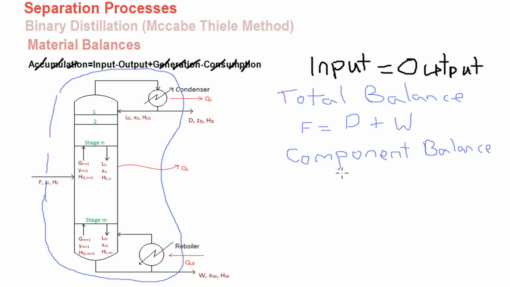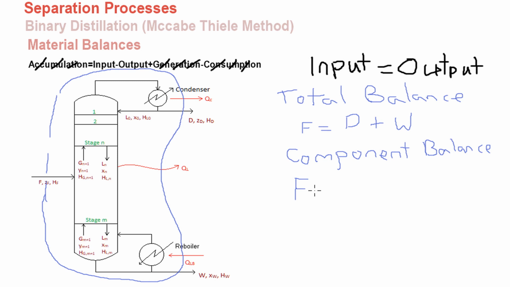So our component balance for the feed, for the most volatile component, would be F, which would have units of kilograms per hour, kilograms per second, kilograms per minute, kilomoles per hour, kilomoles per minute, or kilomoles per second, multiplied by the mole fraction of the most volatile component.